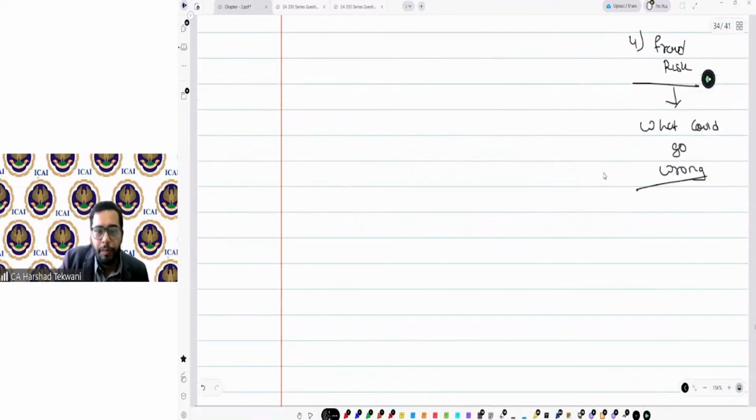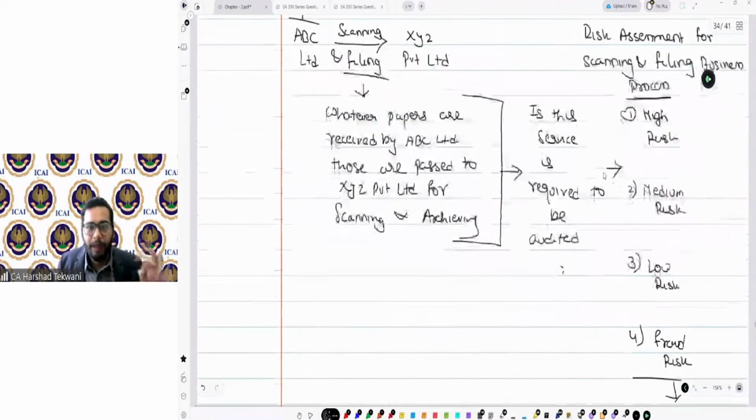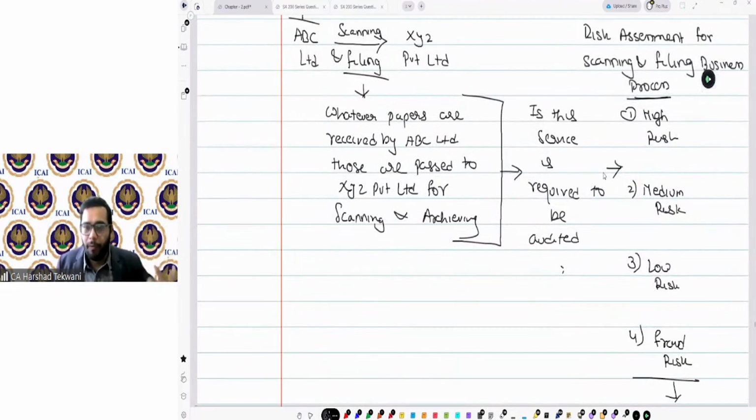In scanning and filing, what is the risk you see? What could go wrong in scanning and filing? Come on, guys.